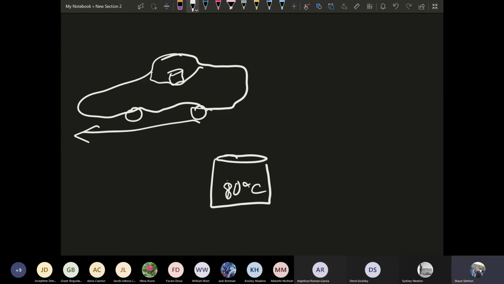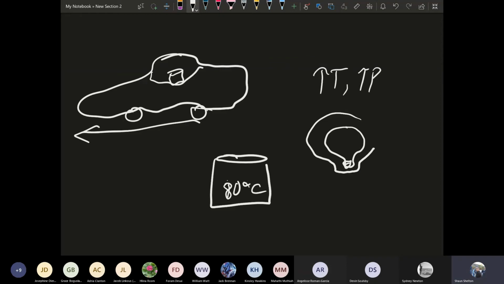We all understand that when the temperature increases inside of a car, the pressure is also going to increase. If you leave a balloon inside of a car, this is a really good example, that balloon will expand to a bigger size because as the temperature goes up, the pressure increases, so it's going to get bigger.